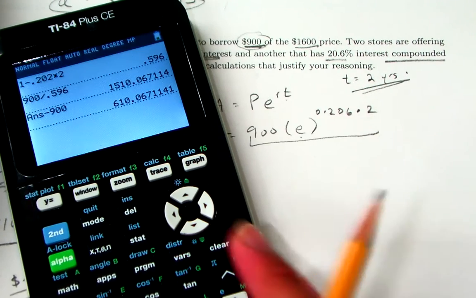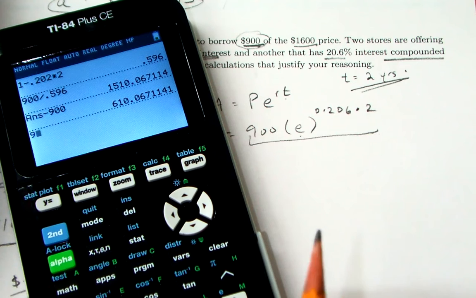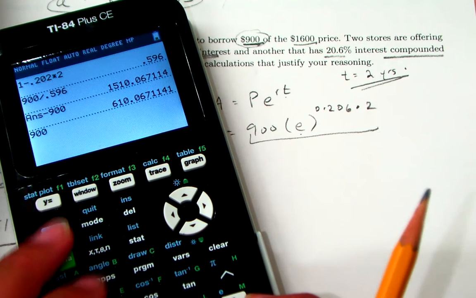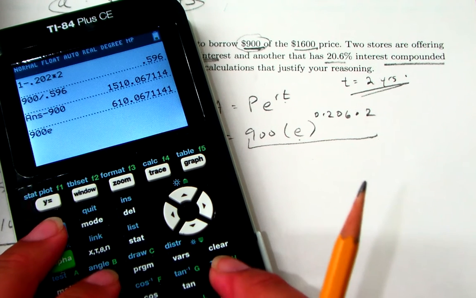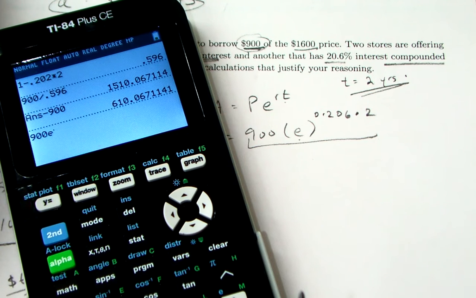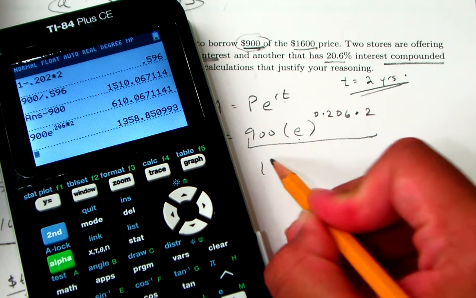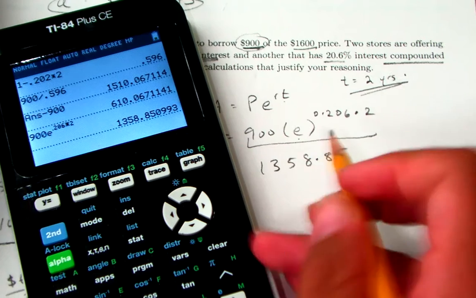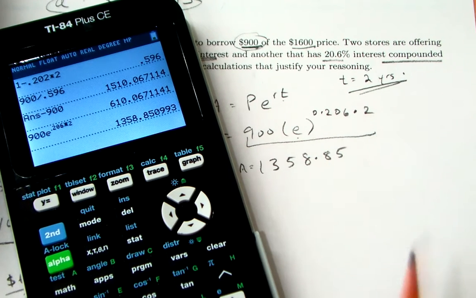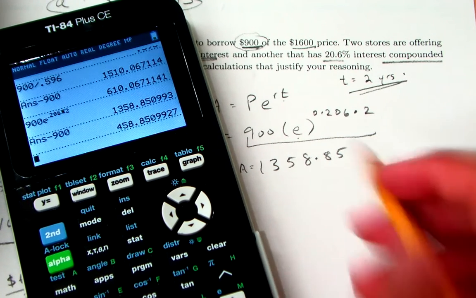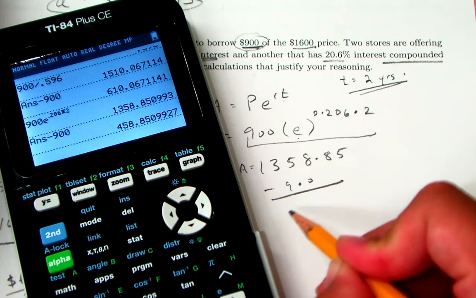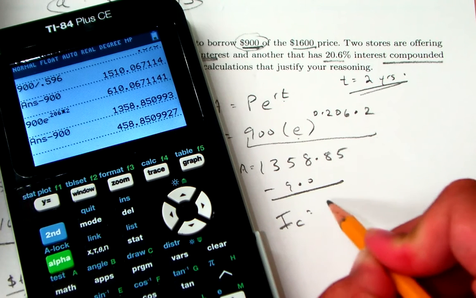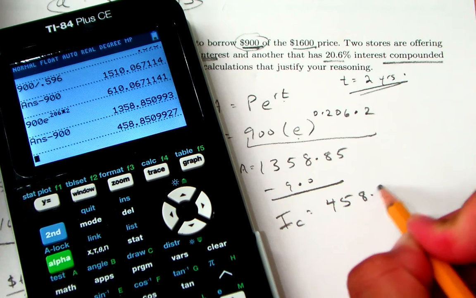So let me attempt to do that while juggling these materials. 900 e raised to the 0.206 times 2 years gives me this amount here that I need to pay back, minus the 900 I borrowed, gives me an interest on the continuous method of $458.85.